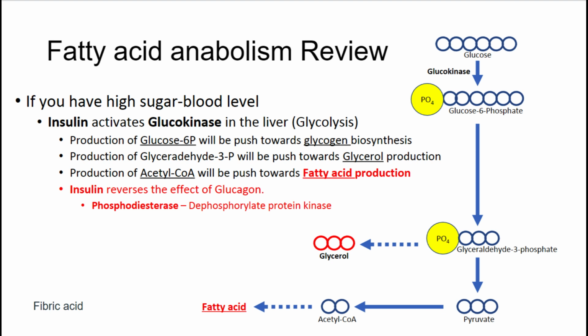Insulin transcribes this guy, and that guy will remove phosphate. So in other words, it does the complete opposite, 180, for all these three, right? So insulin will promote phosphodiesterase, which will dephosphorylate pyruvate kinase, dephosphorylate lipase, and dephosphorylate acetyl-CoA carboxylase, right? So it does the opposite. So that's what happened there.